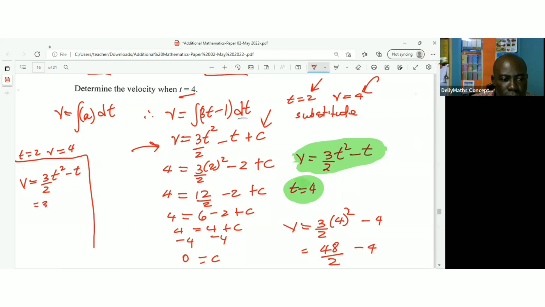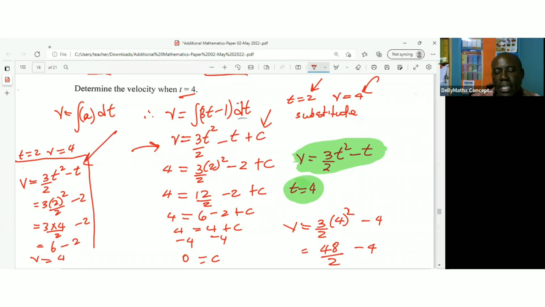This would equal 3 over 2 times 2 squared, minus 2. This gives us 3 times 4 over 2, minus 2. 3 times 4 is 12, divided by 2 is 6, minus 2. And definitely we got back 4 as before. So we see that the velocity function does work.